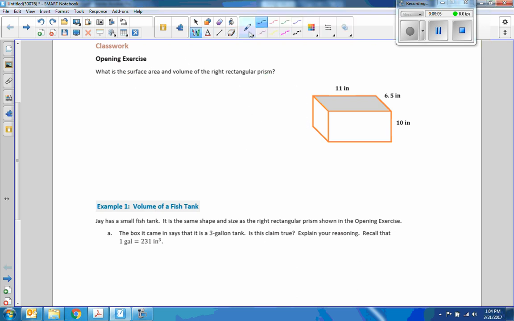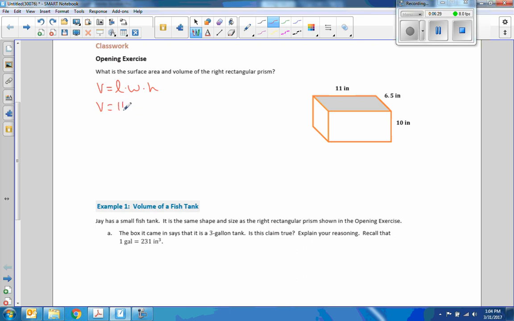Okay, so now volume equals length times width times height. Now volume's easy. Volume equals the length, 11, times the width, 6.5, times the height. Actually, let me do it correctly, with unit of measurement.